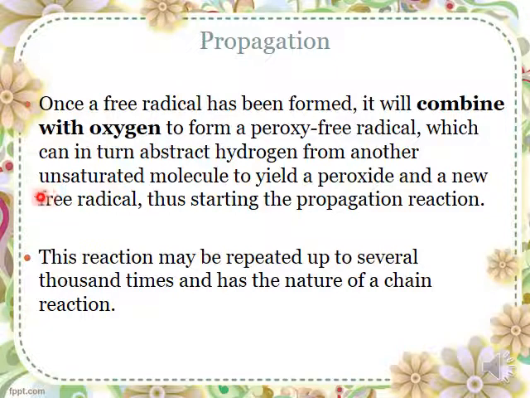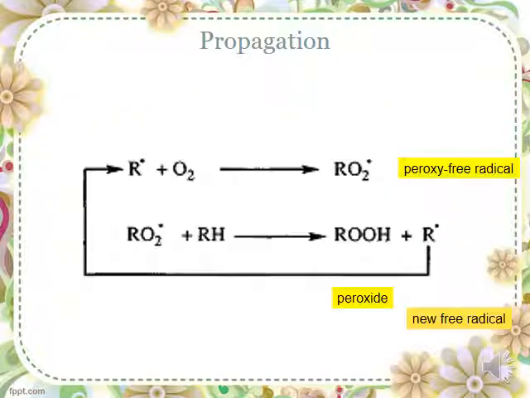Okay, and this new radical will combine with oxygen to form another peroxy free radical, and this reaction will be repeated up to several thousand times. Okay, so we consider this a chain reaction, and this chain reaction will only terminate when they meet with another free radical. Okay, so this is the mechanism of propagation.